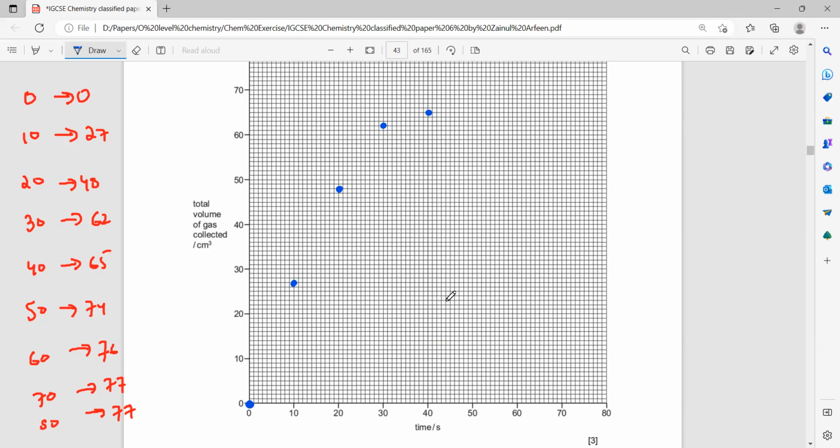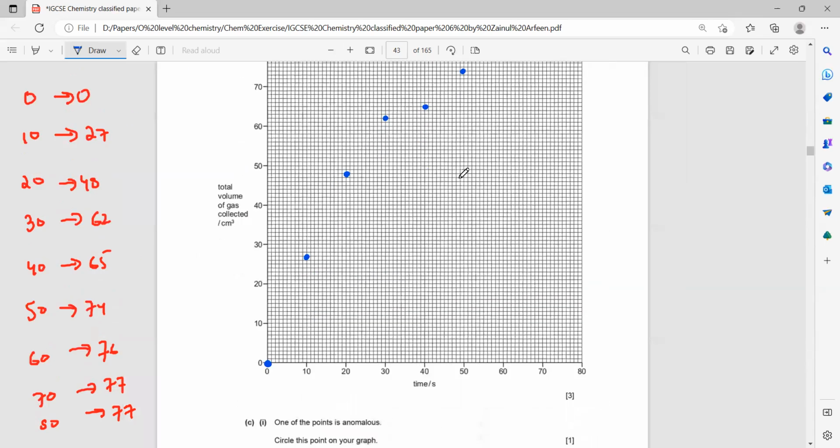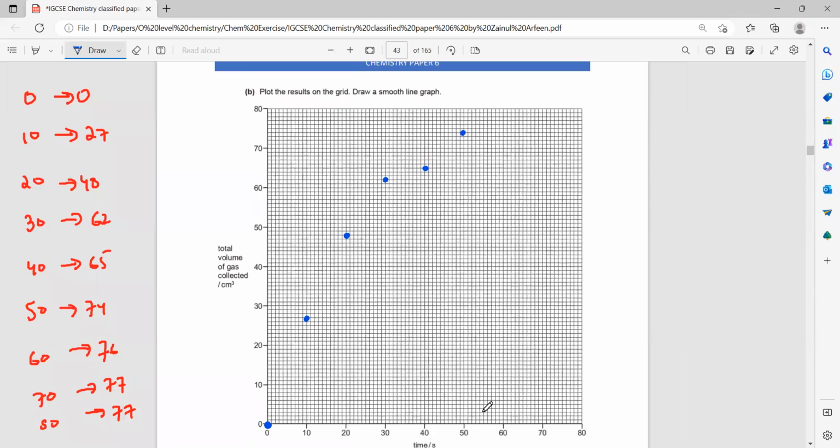And then we have 50 and 74. This one is 70. 1, 2, 3, 4. So 74. And then 60 and 76. So 60 and 76.